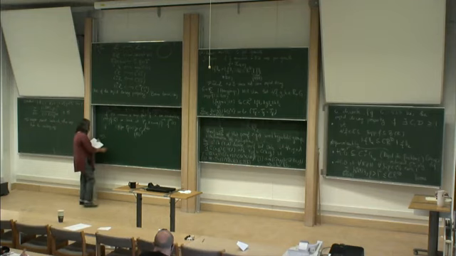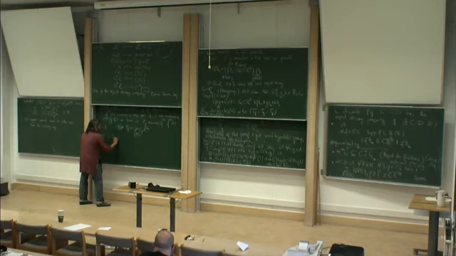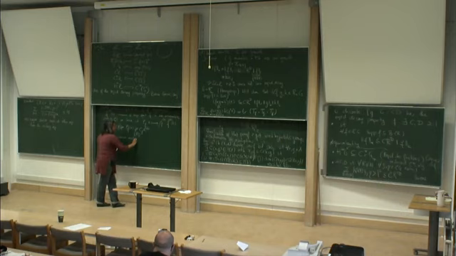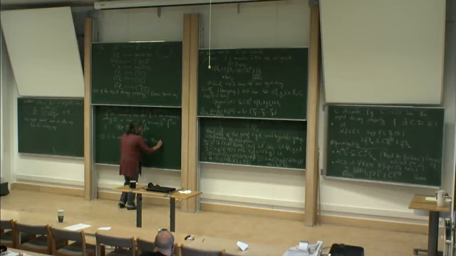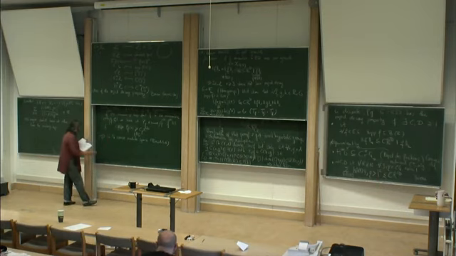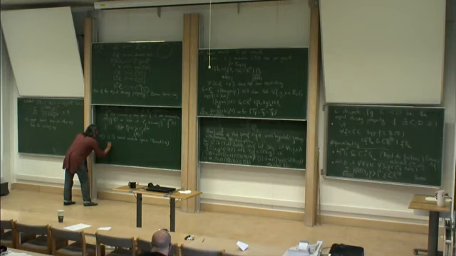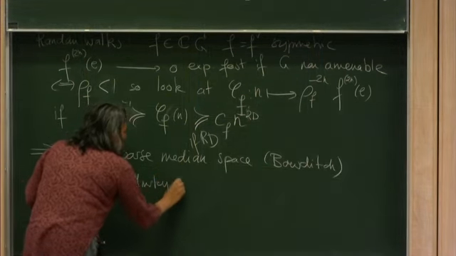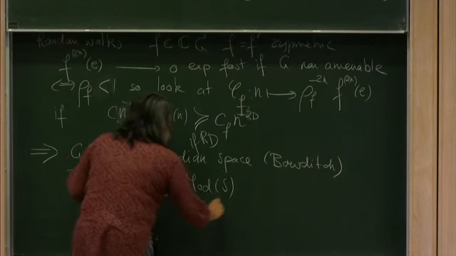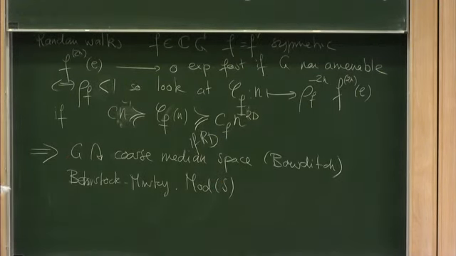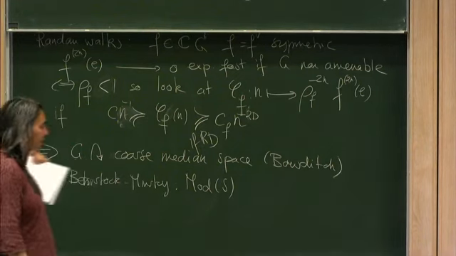For instance, G acting on a coarse median space, Bowditch, or Burstock-Minsky did mapping class group. Well, they didn't really do it like this, but that's one way of seeing it.